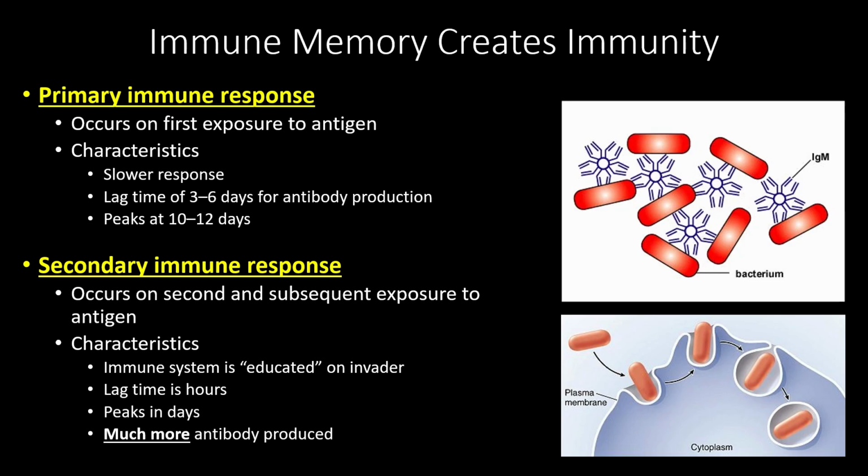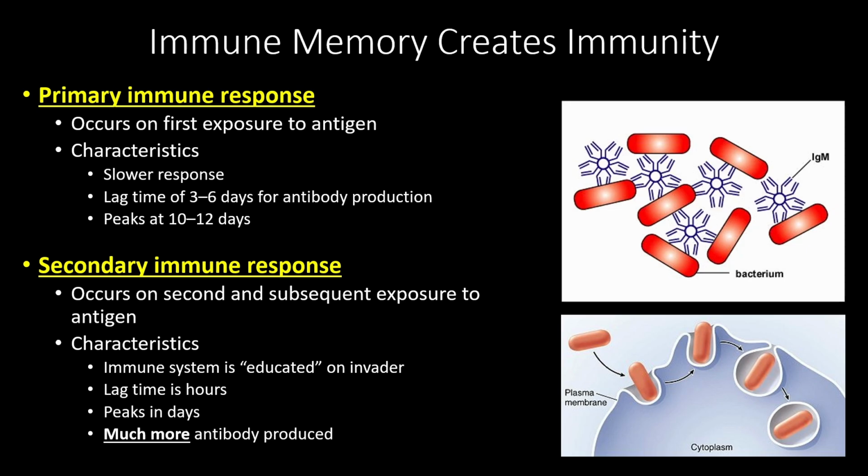The lag time is hours, not days. And the peak antibody production is much sooner as well. It peaks in just a few days. And another kicker is that you have a much more significant amount of antibodies being produced. So the big takeaway here is that your secondary immune response is very fast and very intense as well.